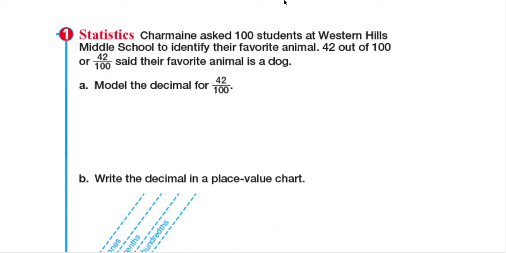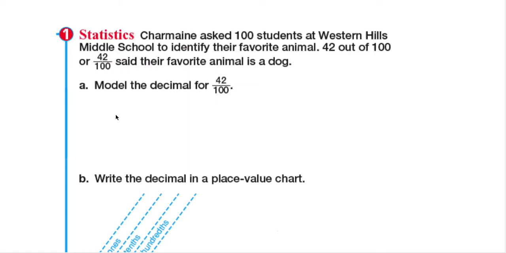Charmaine asked 100 students at Western Hills Middle School to identify their favorite animal. 42 out of 100, or 42 over 100, said their favorite animal is a dog. Let's model the decimal for 42 over 100.